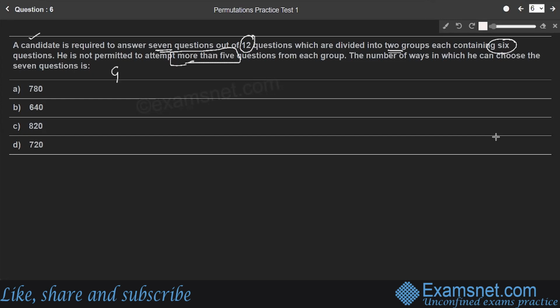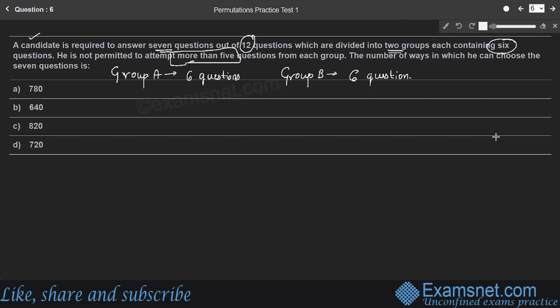So we'll consider group A and group B. Group A contains 6 questions, whereas group B contains 6 questions, in which the candidate has to attempt maximum 5 questions, not more than 5 questions.